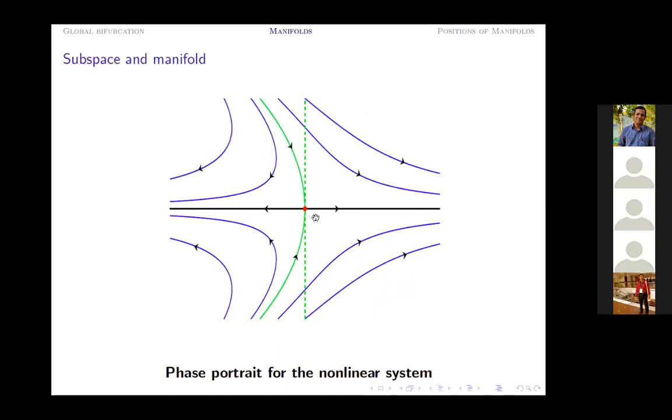And what the stable manifold theorem says is that the stable manifold and unstable manifold are tangential to the stable subspace and unstable subspace at the concerned equilibrium point respectively. And the center manifold theorem says in the same way the center manifold will also be tangential to the center subspace at the equilibrium point.